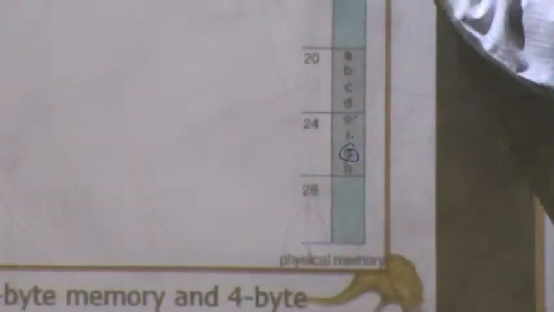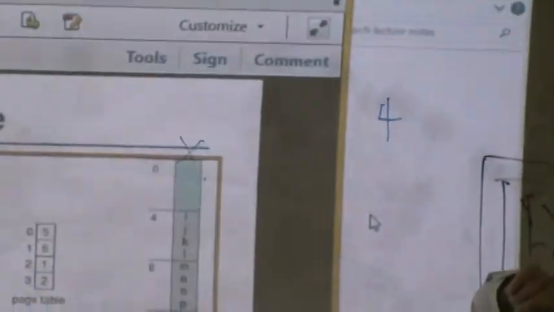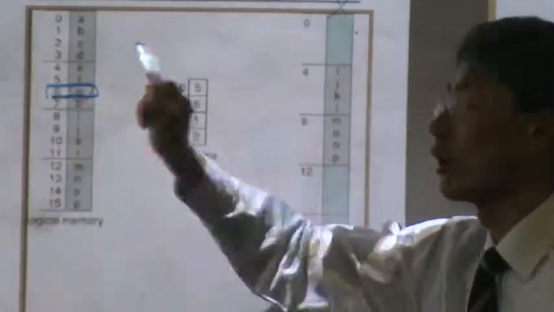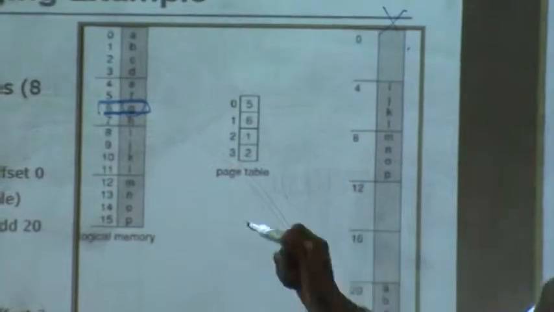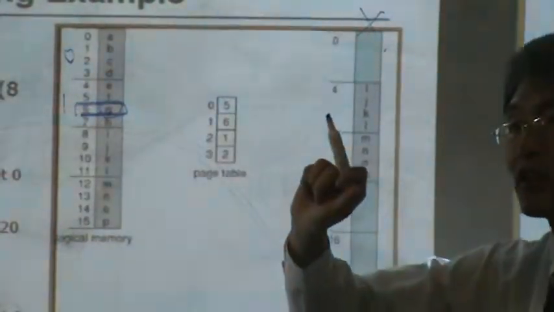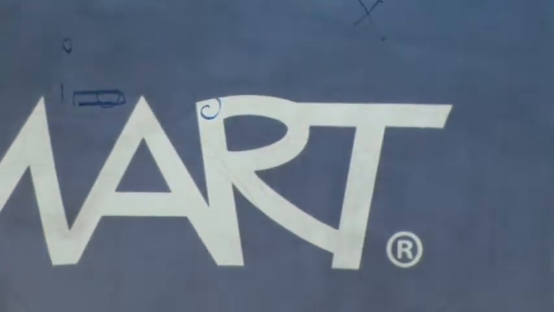But in case there's no figure, what is the page size? So 4. Then what is the logical page number of the G? So 0, 1. This is the page number. Then 1 is, what happened?